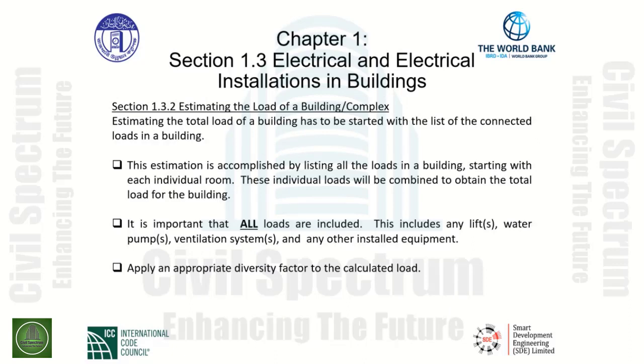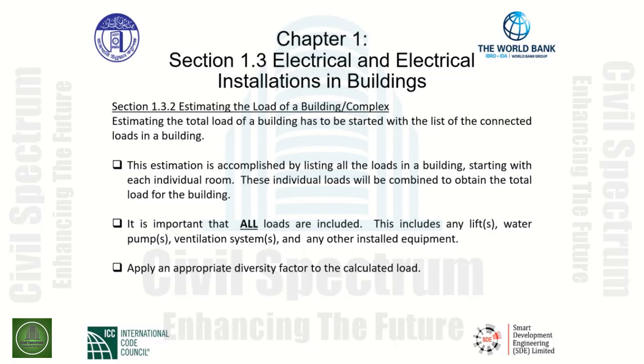Section 1.3.2 covers estimating the load of a building or complex. Estimating the load of a building has to be started with the list of the connected loads in a building. This estimation is accomplished by listing all the loads in a building, starting with each individual room.